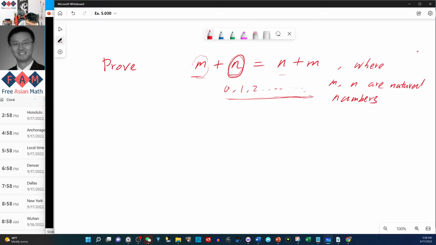So we first check whether this is true for n equals 0, right? Remember, we have an initial point, and that initial point can be any natural number, but we go to the very first one, which is 0 here. We want to check whether m plus 0 equals 0 plus m. Okay?